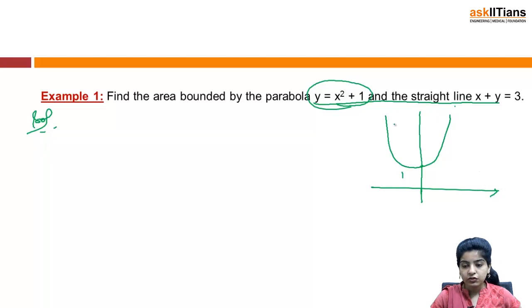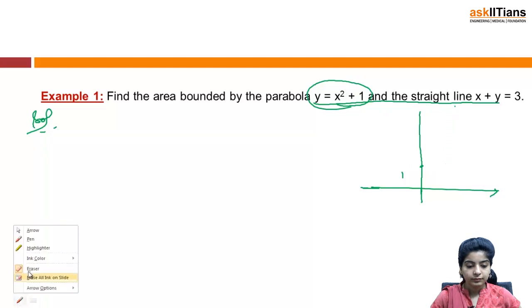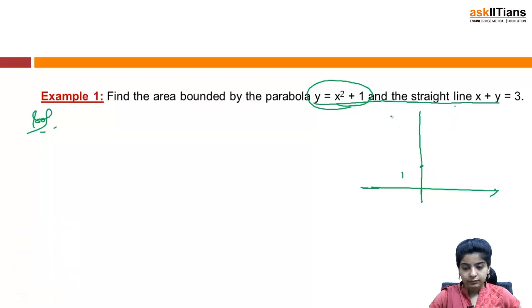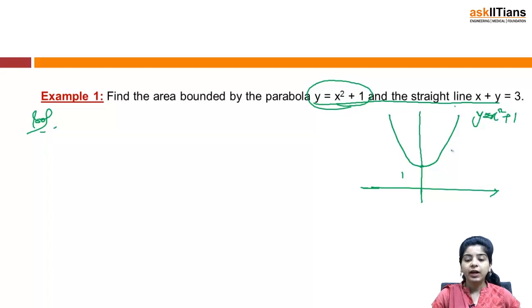Let me draw it again. So I have a parabola y equal to x square plus 1, and then I have a straight line x plus y equal to 3.